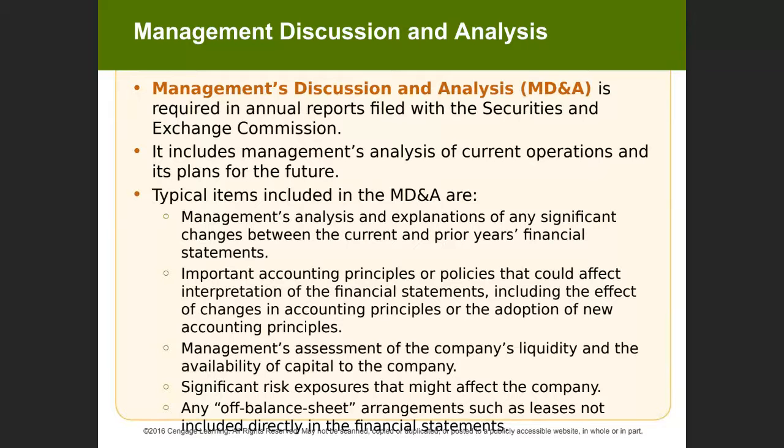Management's assessment of the company's liquidity and the availability of capital. The significant risk exposures that might affect the company. And any off-balance sheet arrangements, such as leases that are not included directly in the financial statements.